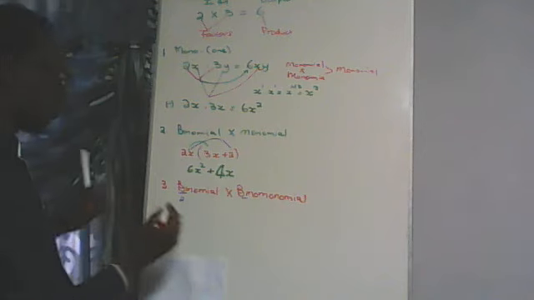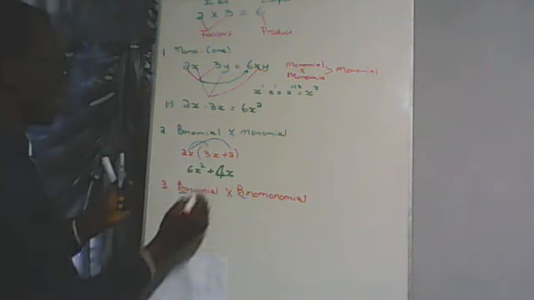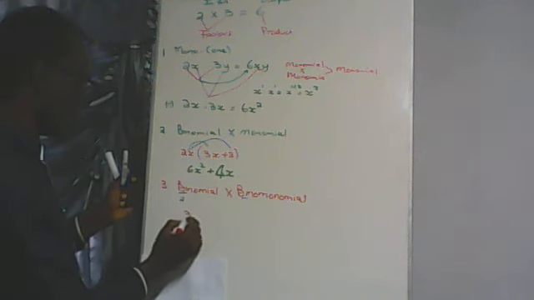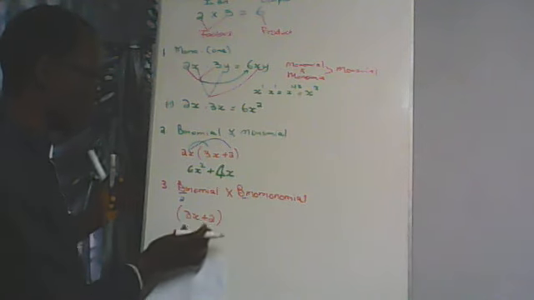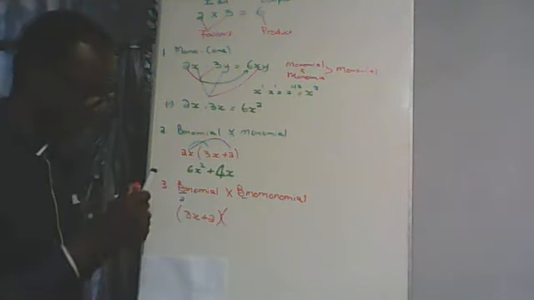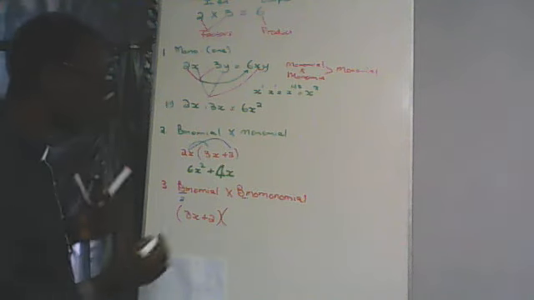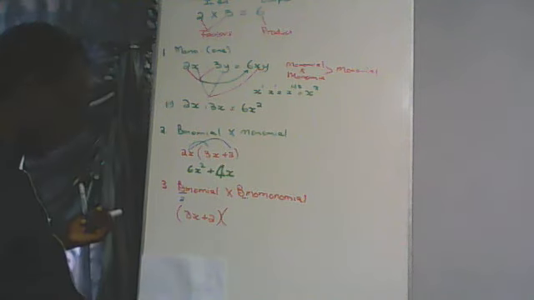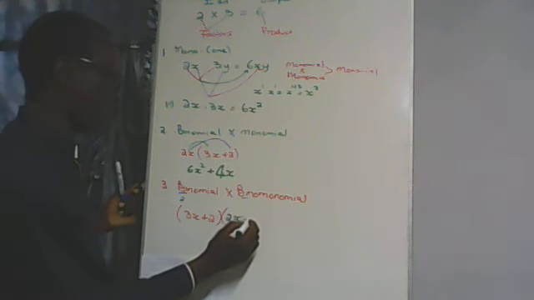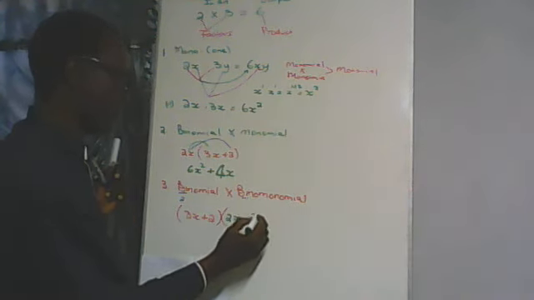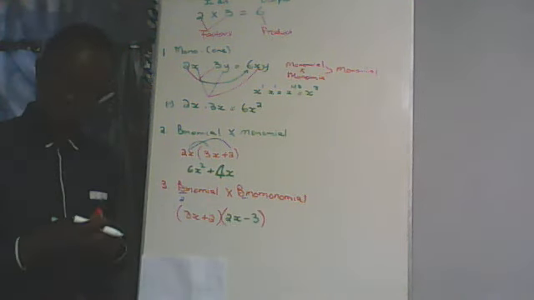Let's take this one. That will be 3x plus 2. And then this is a binomial. Then we multiply it by another binomial, which is, let's take another one. Let it be 2x minus 3. Then how do we deal with that, guys?